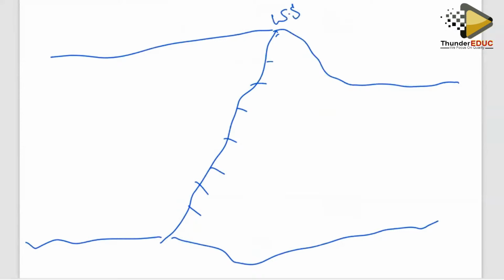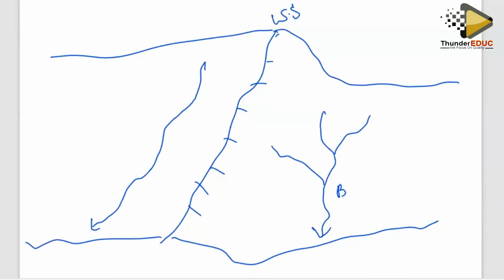So we have a river flowing over a low-lying area here. It has its tributary advancing towards the watershed like this. Let's say river B is going in that direction. And we have river A, which is also flowing over this area, with its tributaries somewhere.